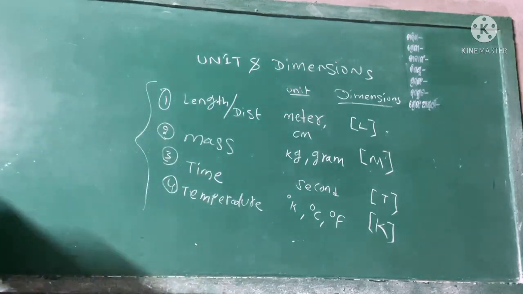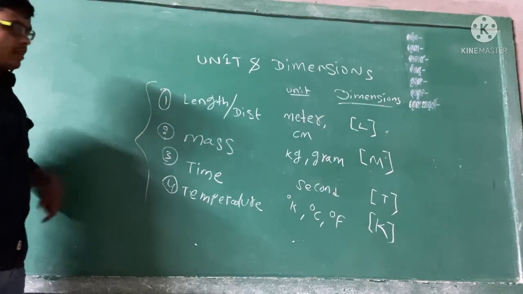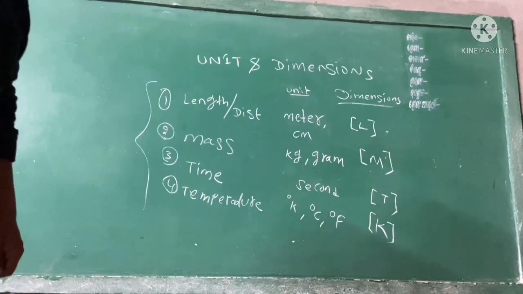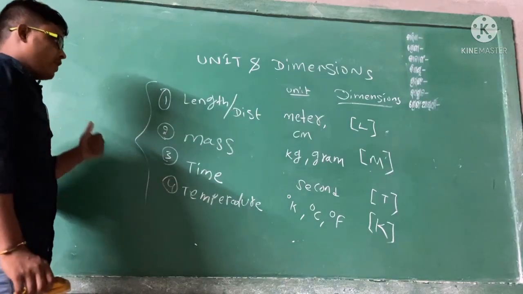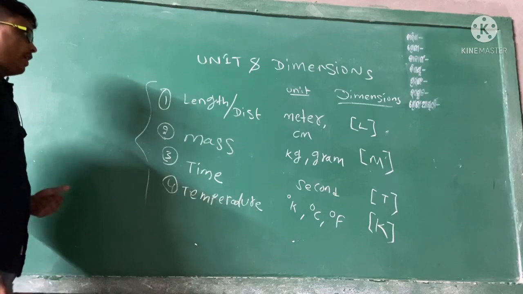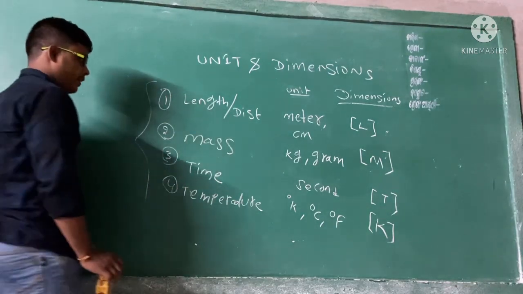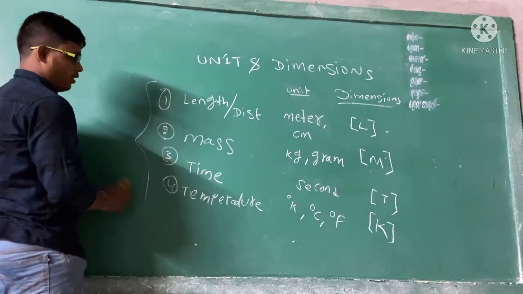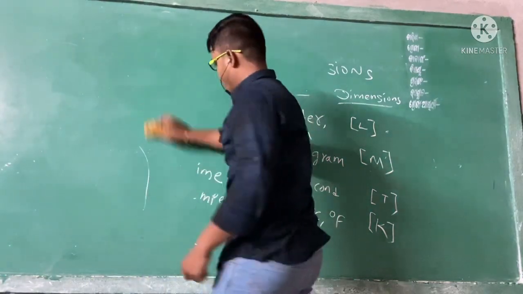If you want to know more about the unit and dimension, you can go through the first video. Please remember these are the fundamental quantities actually. Using this we can evaluate the other quantities of physics. So try to remember the unit and dimension.